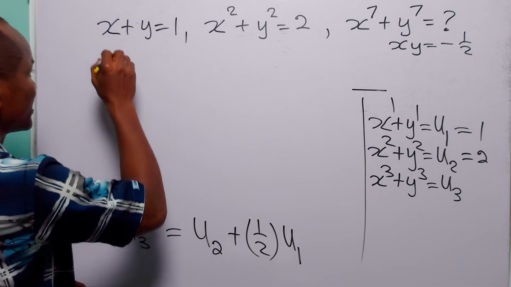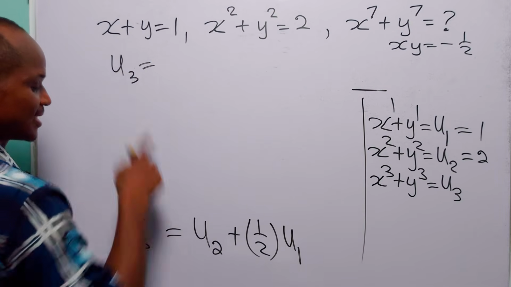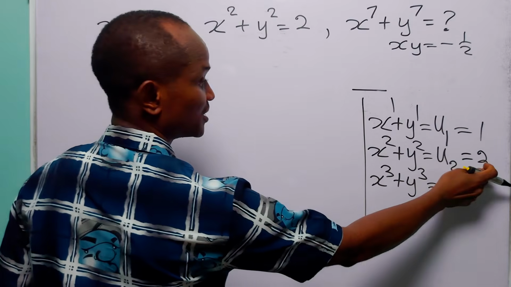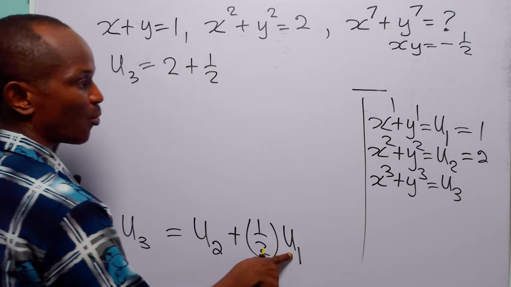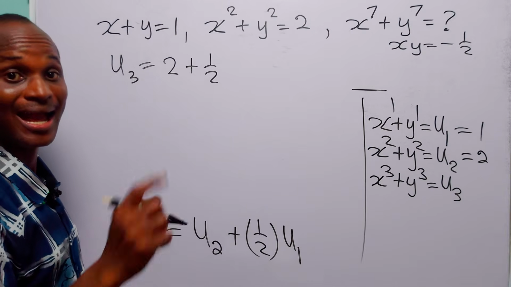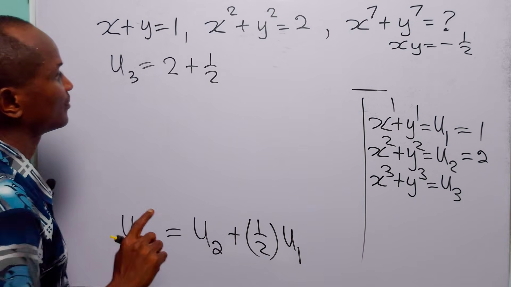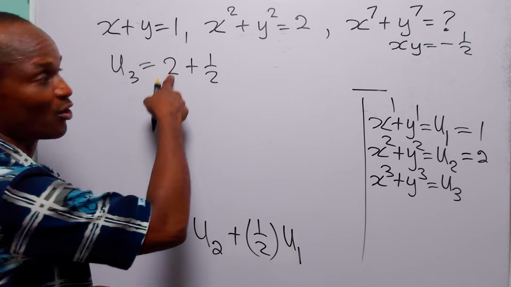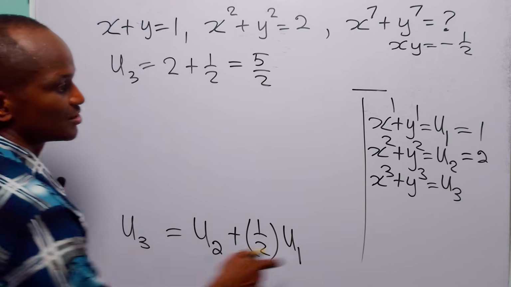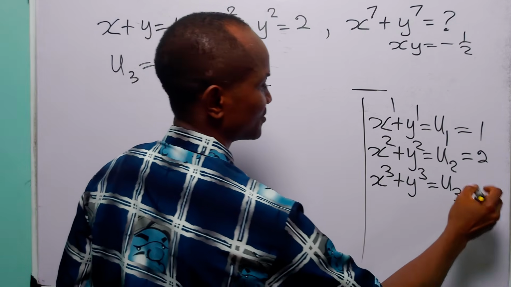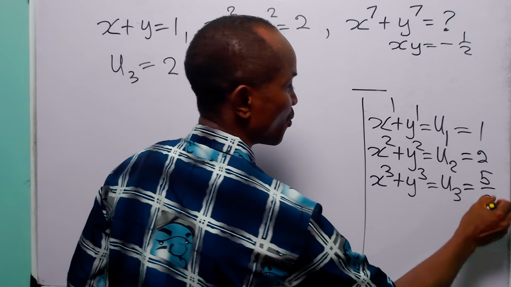From here, we have that u sub 3 is equal to u sub 2, which is 2, plus half times u sub 1, which is equal to 1. Half times 1 is half. 2 times 2 is 4, plus 1. This is 5 over 2. So we have that x to the power 3 plus y to the power 3 is equal to 5 over 2.